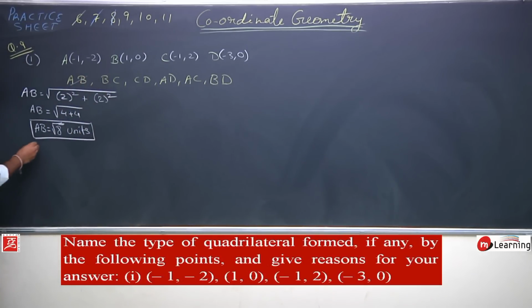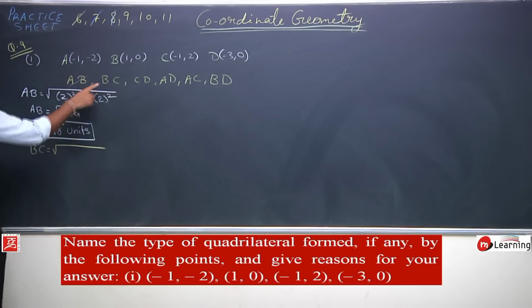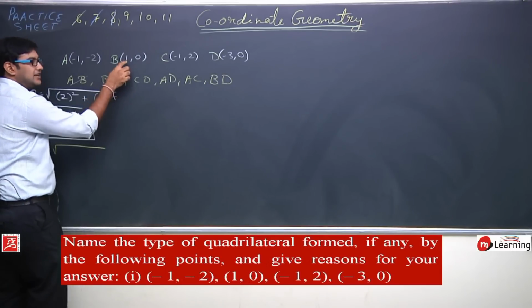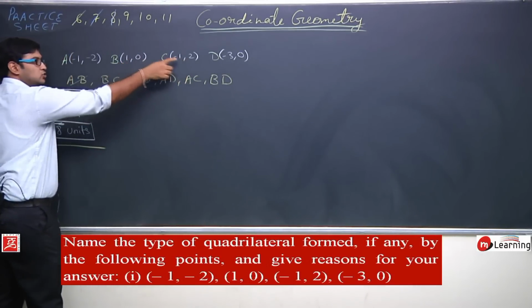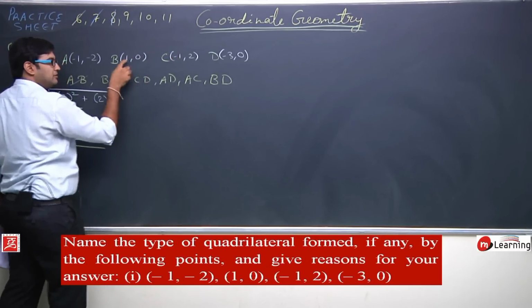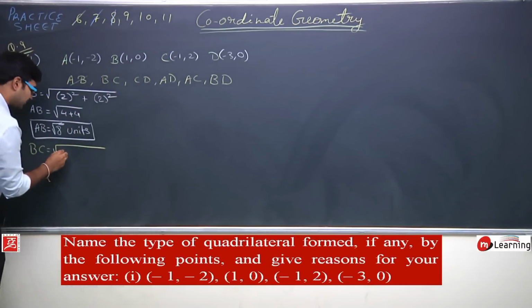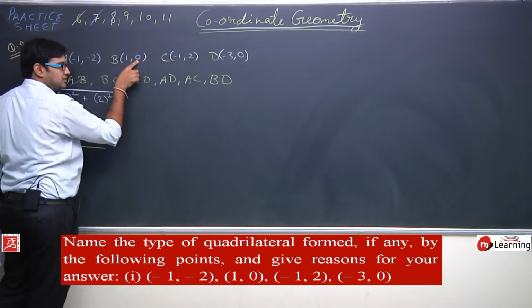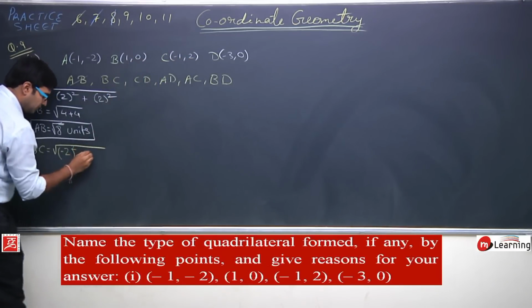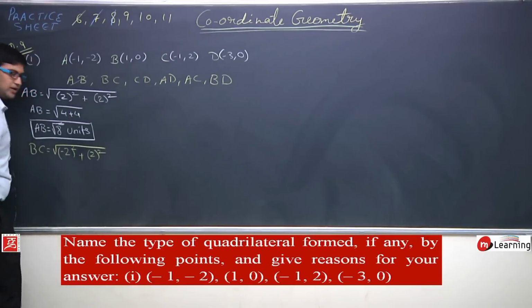The length of BC will be equal to the square root of... Now in case of BC, we will have x1 y1 and x2 y2. So x2 minus x1, minus 1 minus 1 will give you minus 2, whole square, plus y2 minus y1, so 2 minus 0, that is again 2, whole square.